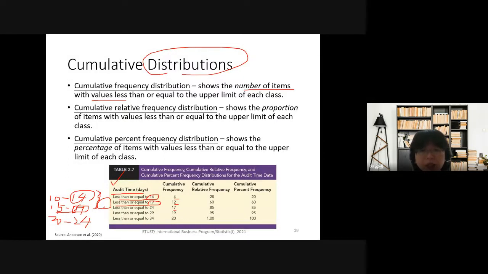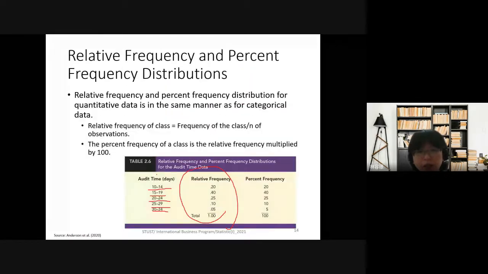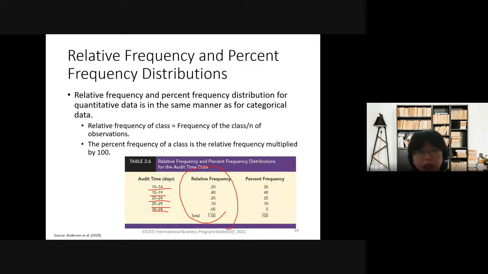Then if we use such a concept, it's also the same for the cumulative relative frequency distribution. At the beginning, the relative frequency from 10 to 14 is 0.20, from 15 to 19 is 0.40. So how do we express a cumulative relative frequency? 10 to 14 is 0.20, and less than 19 is 0.60, because we cumulate them.